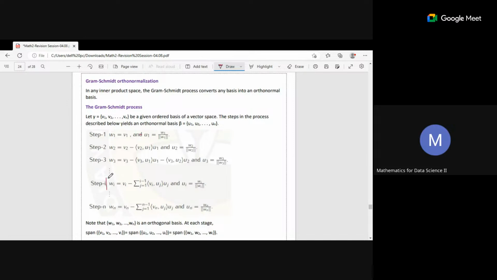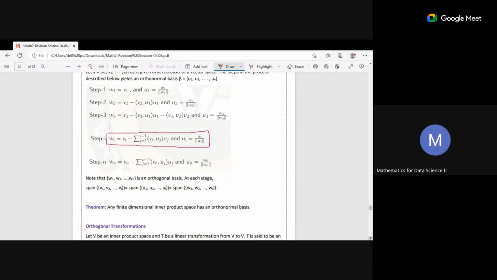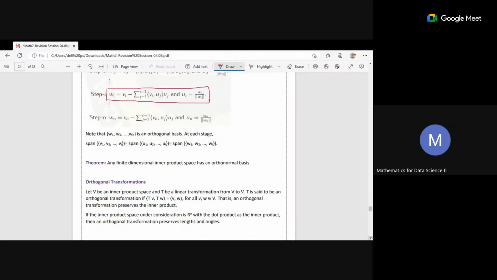So this is the formula you need to remember for using the Gram-Schmidt process. I have not given an example, so please refer to our usual session for the example I have given there. From this, we know that any finite dimensional inner product space has an orthonormal basis.